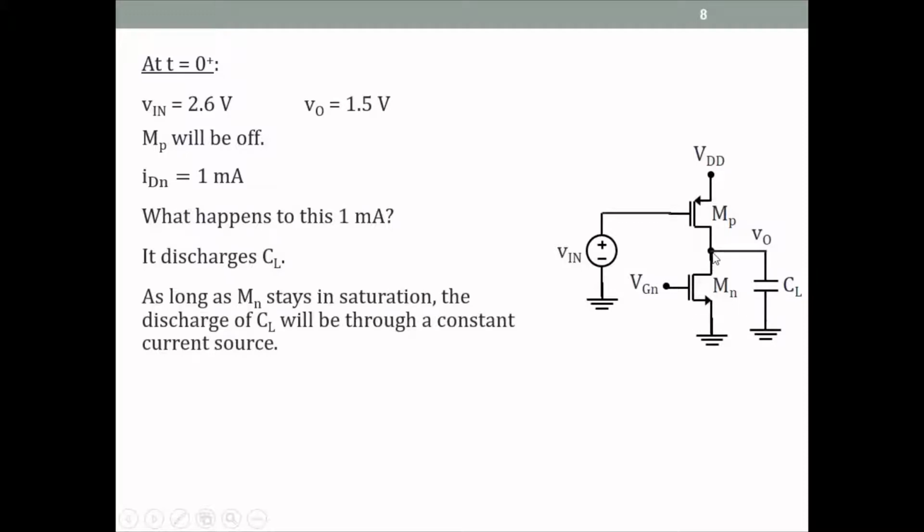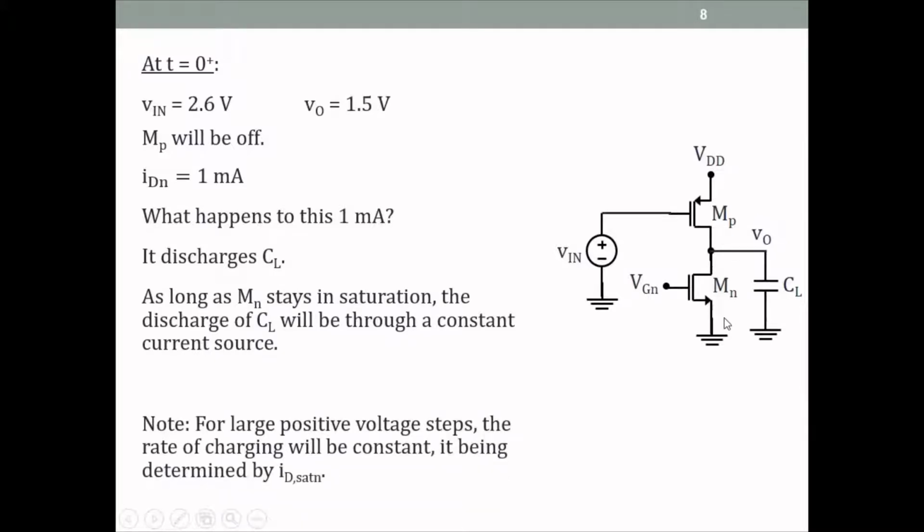As long as Mn stays in saturation, which it will until VO reaches 0.2 volts, so from 1.5 to 0.2 volts, it will carry a constant current of 1 milliamp. So what will be the shape of VO as a function of time? It will vary linearly with time because the capacitor is discharging via a constant current source.